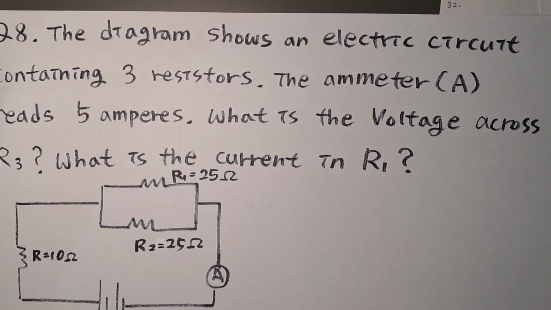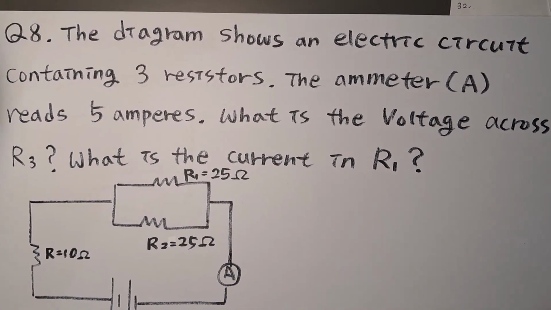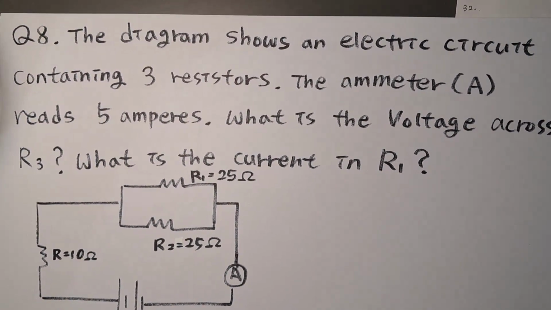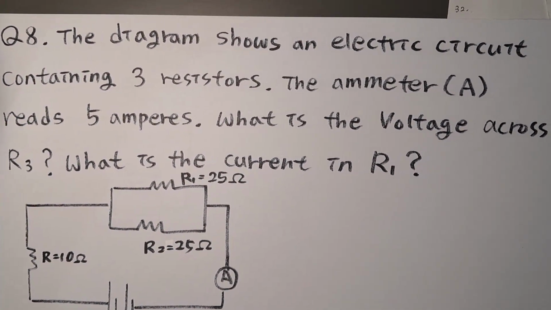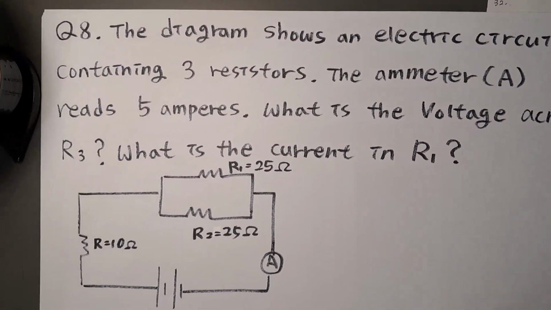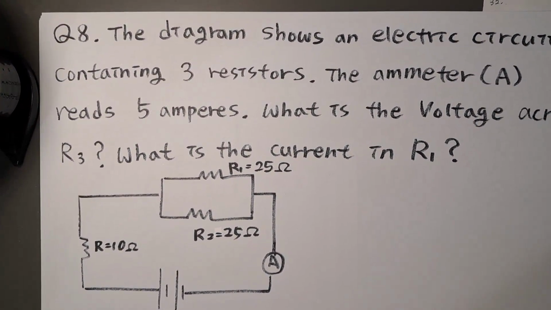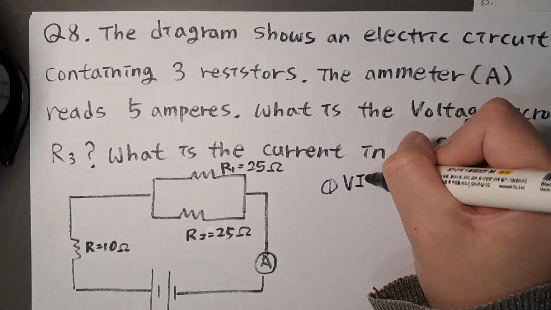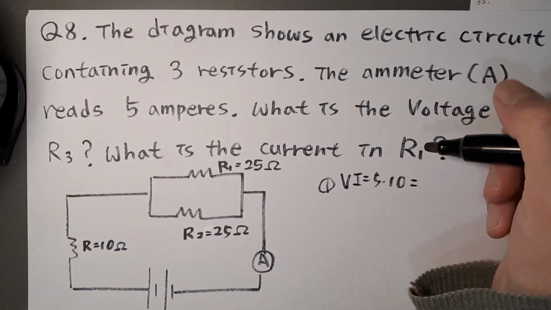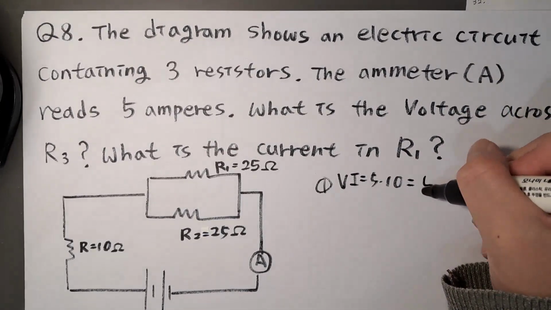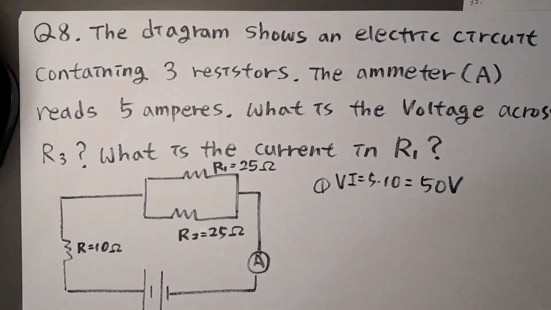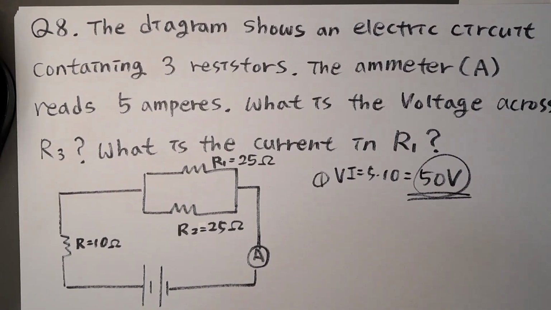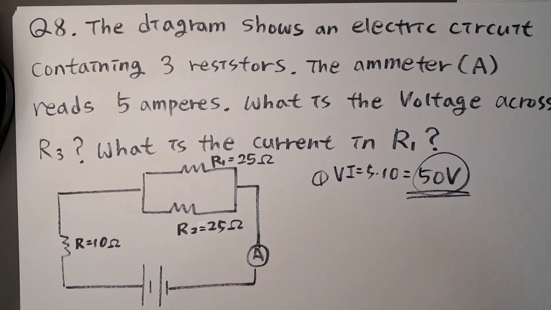So we are going to find the answer of this question, and the voltage is equal to the current measured at the ammeter times the resistance. So you can find 50 volts as the answer of this question.